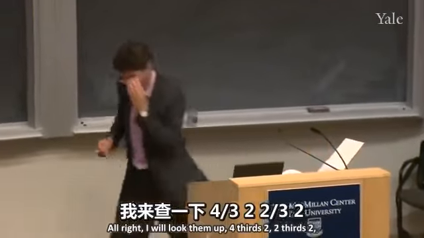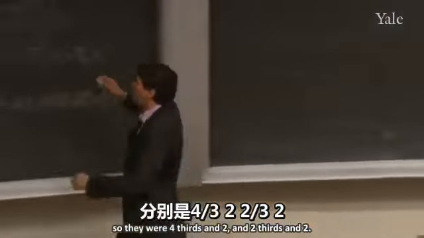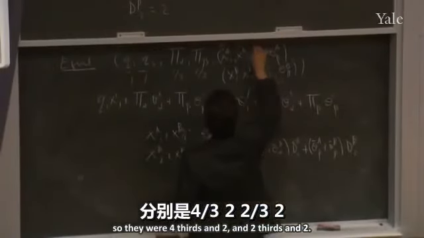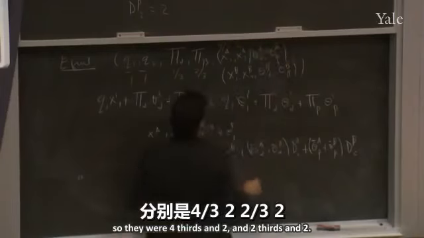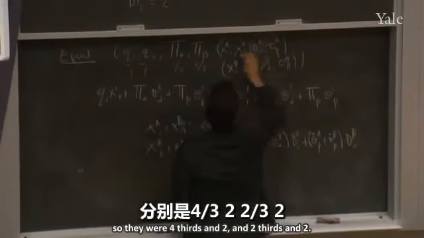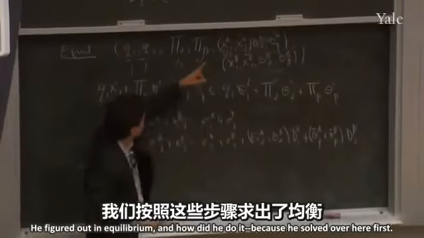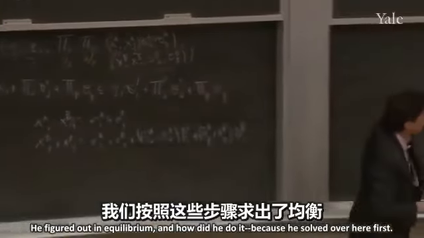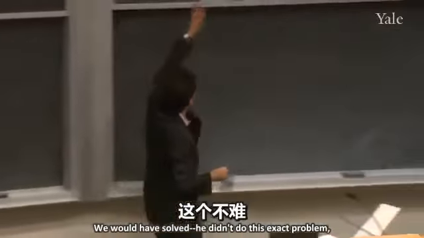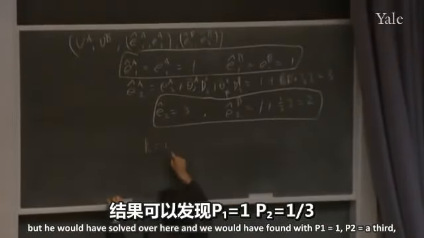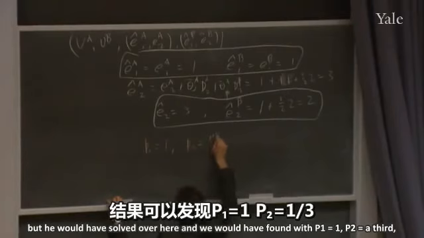Four-thirds, 2, 2/3, 2. Okay, so they were 4/3 and 2 and 2/3 and 2. Okay, so he figured out an equilibrium. And how did he do it? Because he solved over here first. He didn't do this exact problem, but he would have solved over here. And we would have found with P1 equal to 1, P2 equals 1/3.